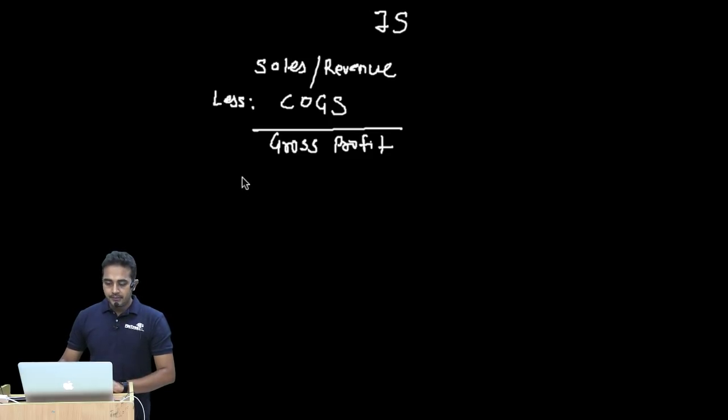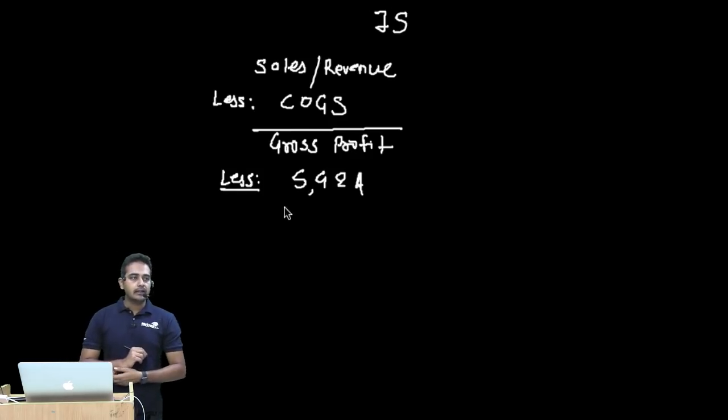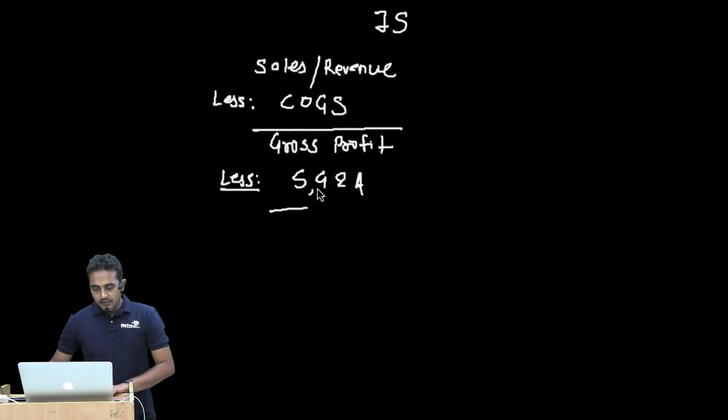Then gross profit less SG and A. SG and A stands for selling, general and administrative expenses. So gross profit minus the SG and A, that would give us a number called, now slightly changing the structure here, EBITDA.